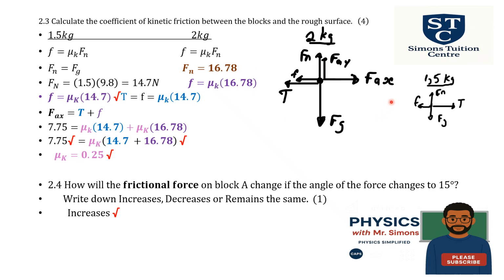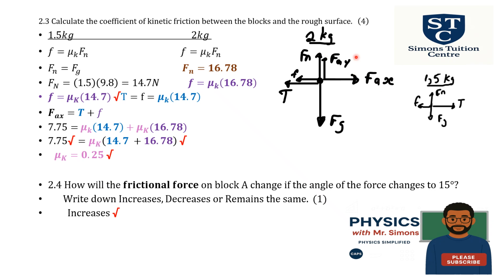Now we know that my forces in the x direction must equal tension plus friction. Fax equals T plus F. So that is for my force in my x direction. For them to continue moving at constant velocity, they are balanced. So Fax equals T plus F, my tension being mu k times 14.7, my friction being mu k times, not 14.7, but 16.78 since we're working on the 2 kg.